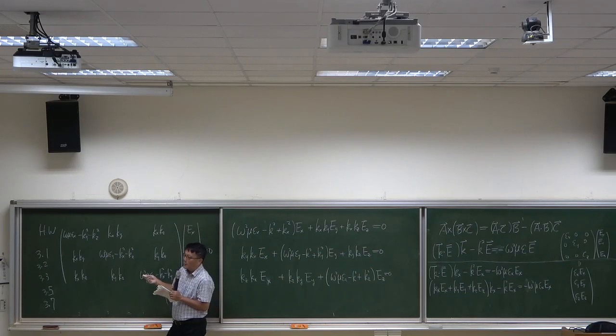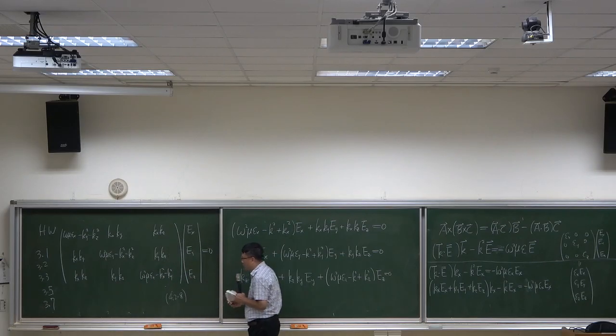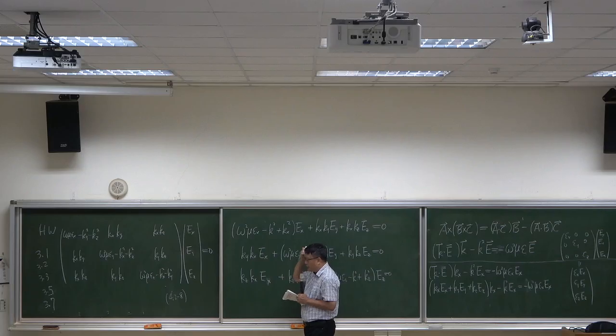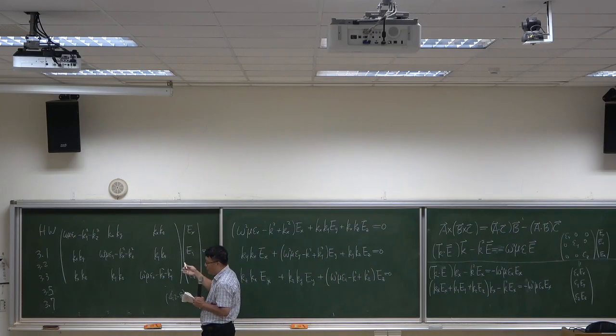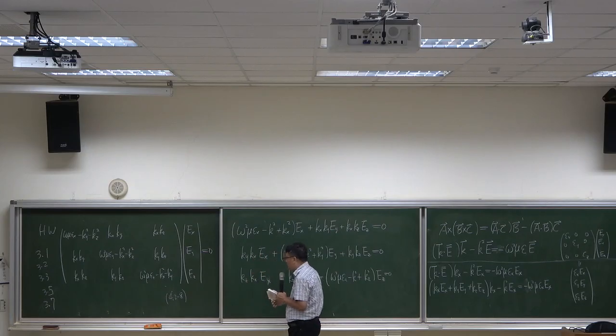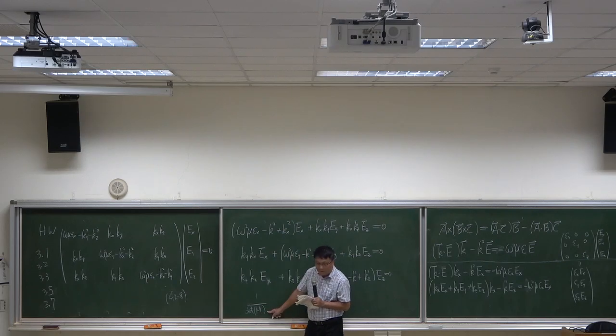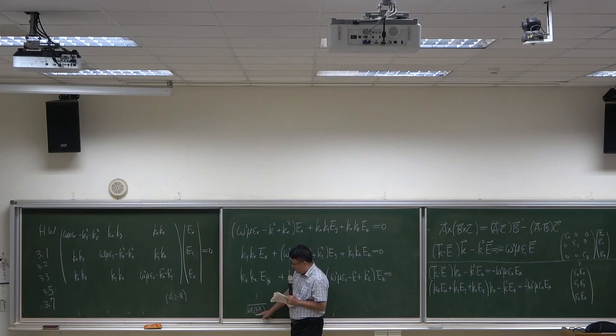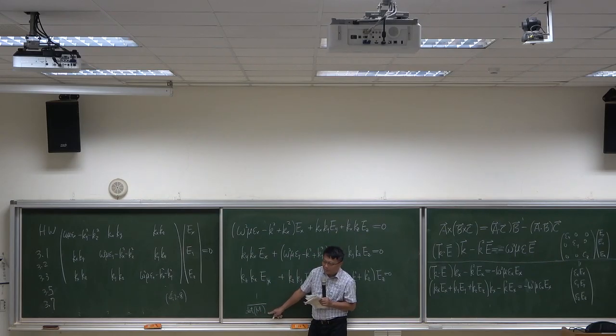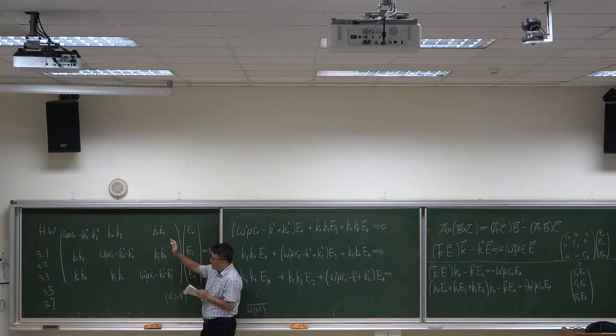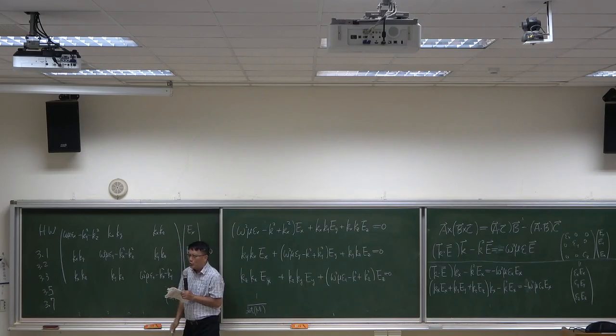We know that there is a formula to write down the inverse matrix of a matrix. If you note the formula, you will see that there is a denominator equal to the determinant of the matrix. So if the determinant is not equal to 0, you can always define the inverse matrix, multiply it, and conclude that E is equal to 0.